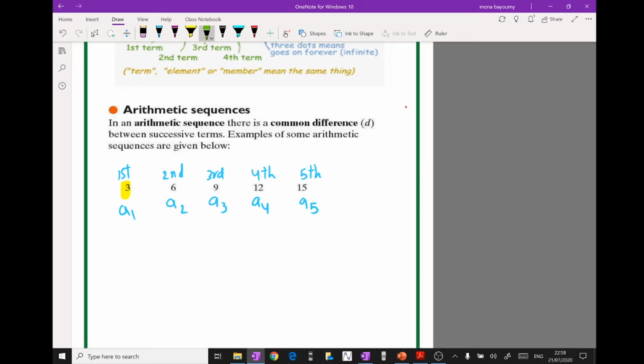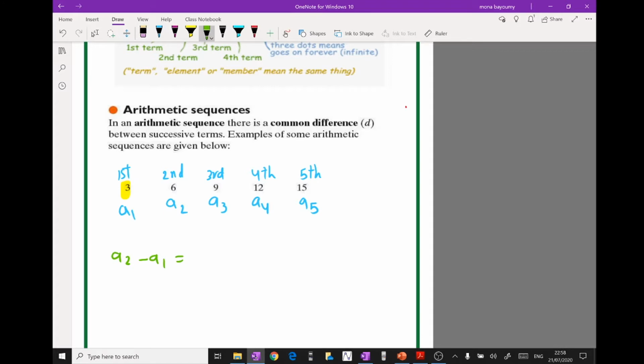Now we want to check if the difference between any two successive terms is common or not. Here we have the first and second term, A2 minus A1. Don't say A1 minus A2. You have to subtract second minus first, third minus second, fourth minus third, and so on.